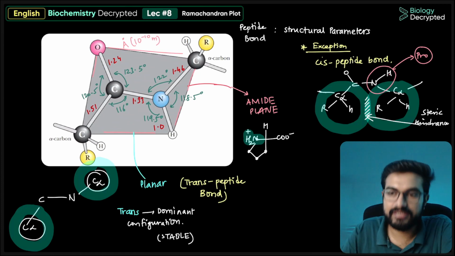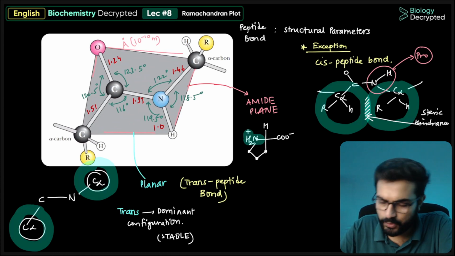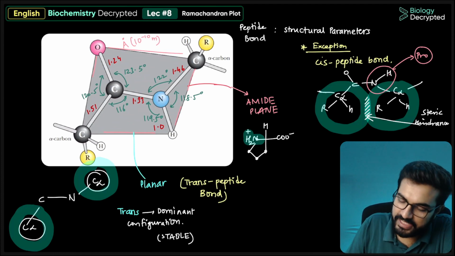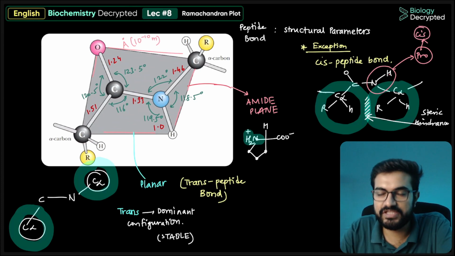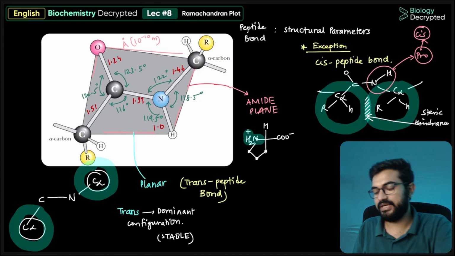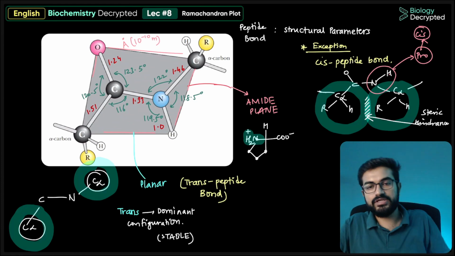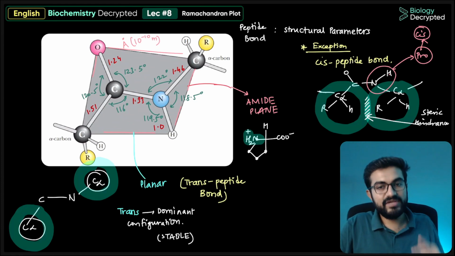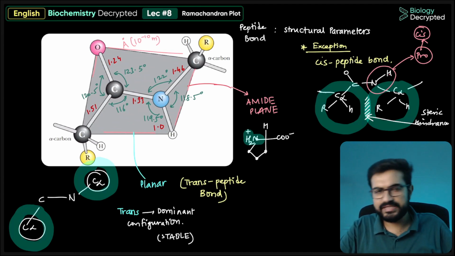So prolines are more favorable and more stable in their cis configuration, because their structure is such that if they have this peptide bond and their nitrogen is involved in the peptide bond, they will always prefer a cis configuration over a trans one, because in the case of trans there will be high steric hindrance.